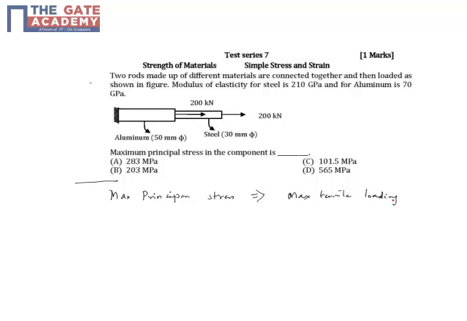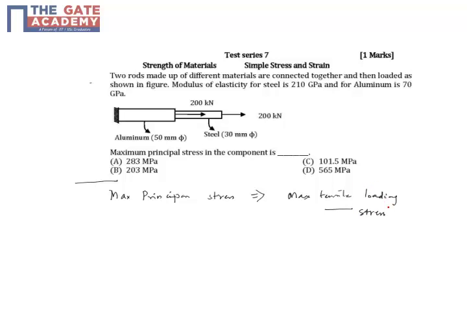The principal stress is the maximum normal stress in all the directions. If you are applying loading in one direction, the face normal to it will be the principal plane, so that will be the max tensile stress.